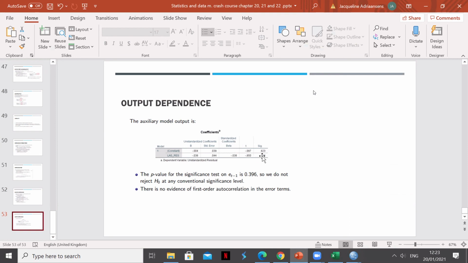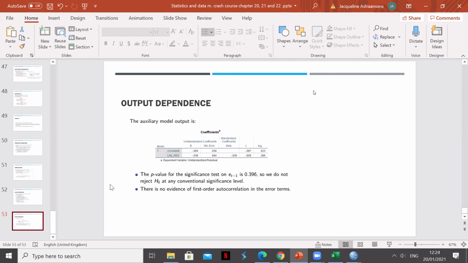And obviously, even I can see this number is a lot higher than those alpha levels, which means that we do not reject H0. Remember, we were doing a hypothesis test where H0 is 0 and H1 is non-zero.